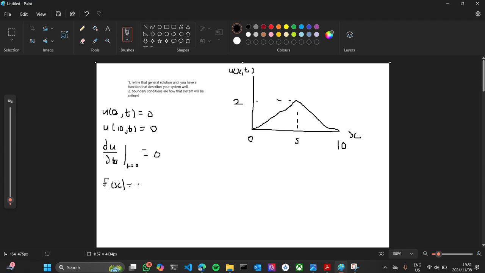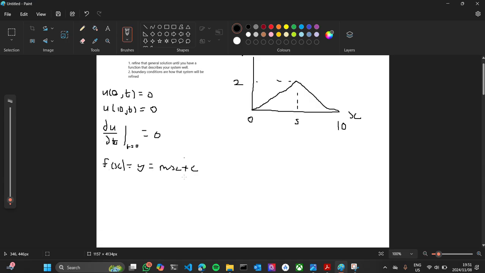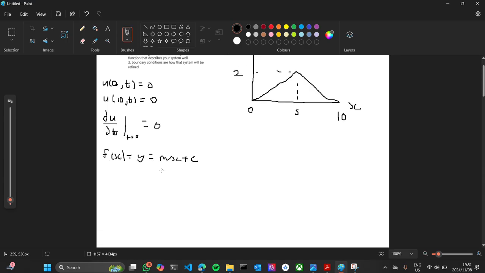So f of x is equal to y, which is equal to mx plus c. The first thing we want to find is m, which is our gradient.